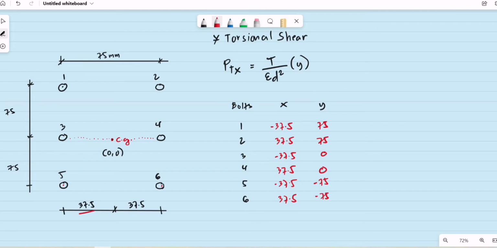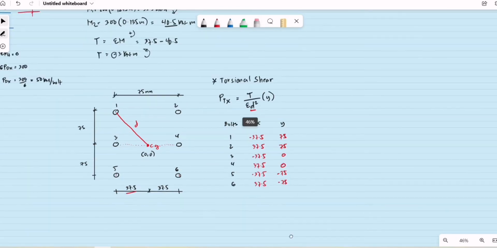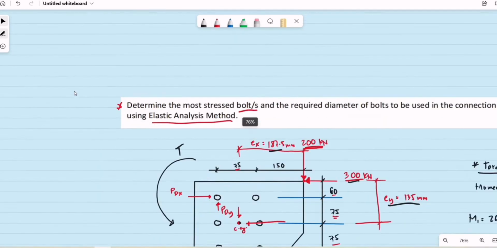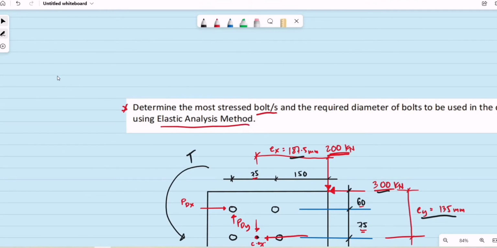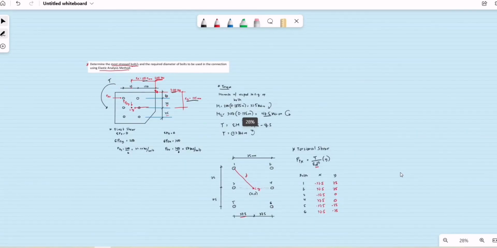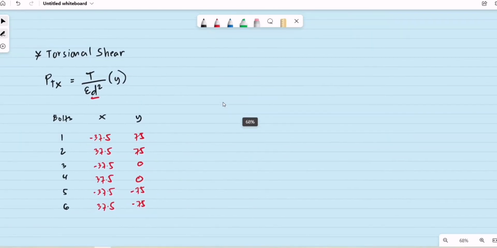So what is the d distance? Basically, the d distance is the distance from the center of gravity of the bolts to the bolts. From our problem, we are required to compute for the most stressed bolts. When it comes to eccentric loading, the most stressed bolts are sometimes called the critical bolts.